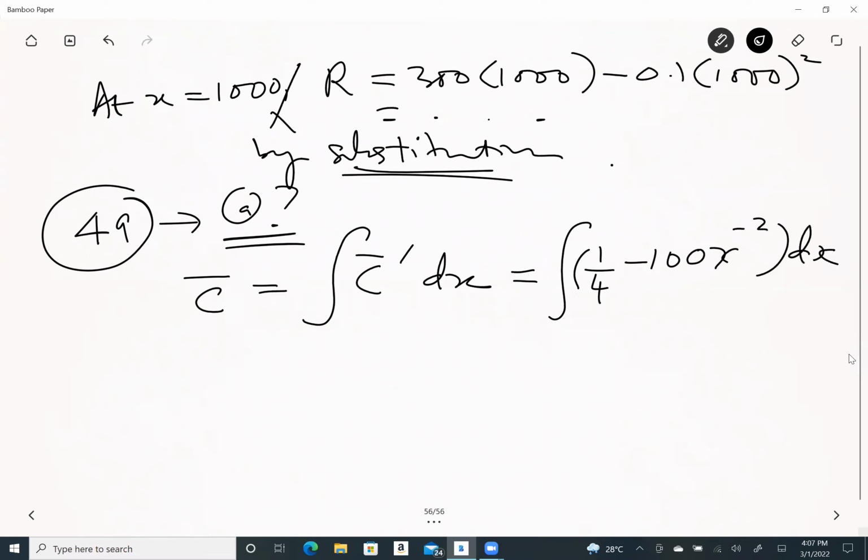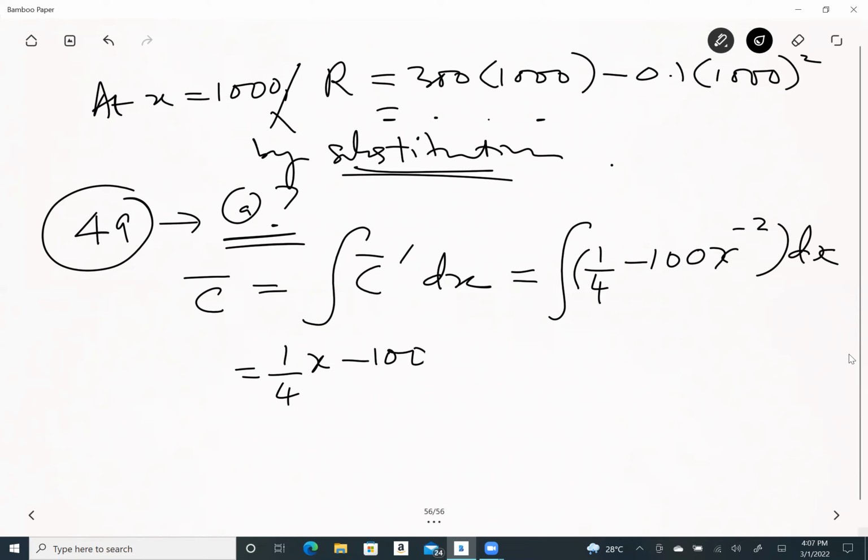Okay. So now you can do the integration. So what do we get? We get 1/4 x. Now, the second term, you have to be careful because you have a negative sign, and I have a negative power.